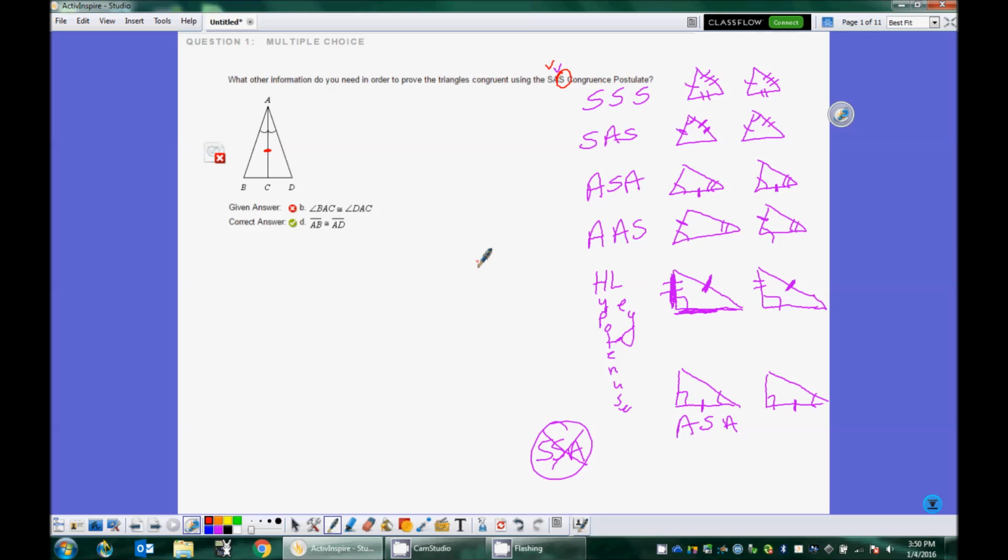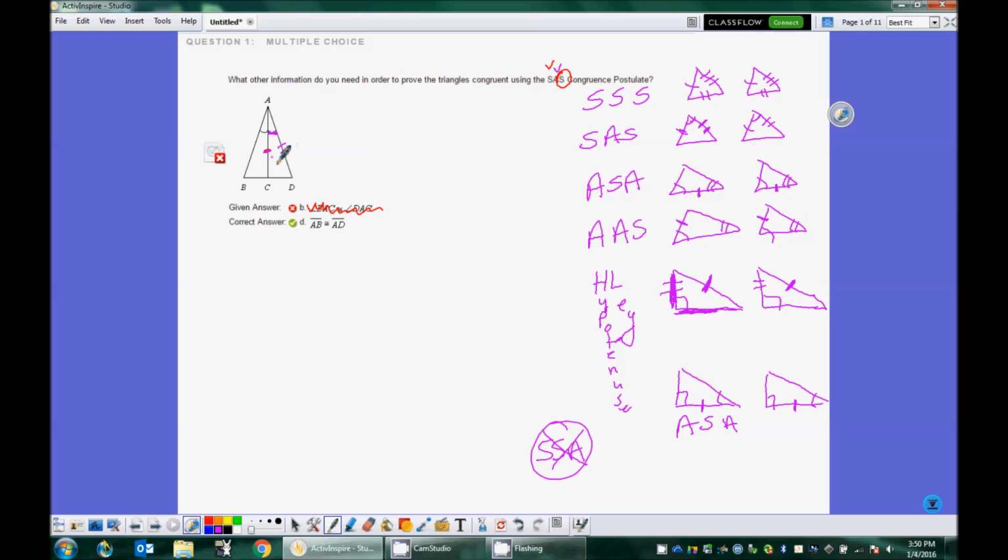So since I've got side-angle-side, that means I'm looking for another pair of sides. Right off, I'm looking for 2 pairs of sides, 1 pair of sides, excuse me. I've got a pair of sides already. In order to have side-angle-side, remember my angle has to be in between the 2 marked sides. So that means my angle has to be between AC and the other marked side.